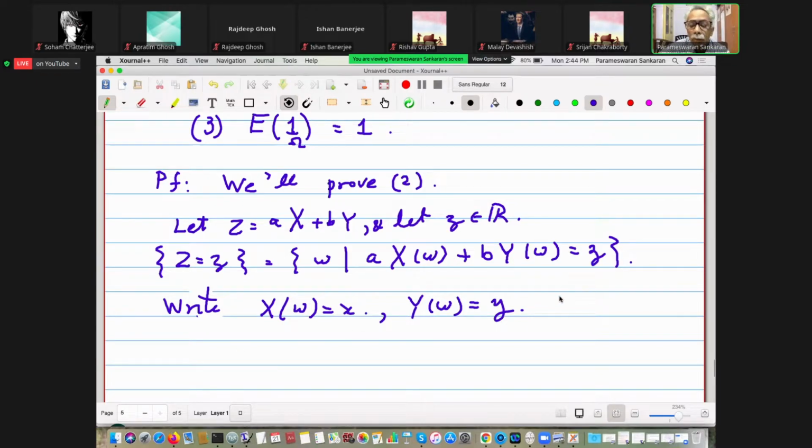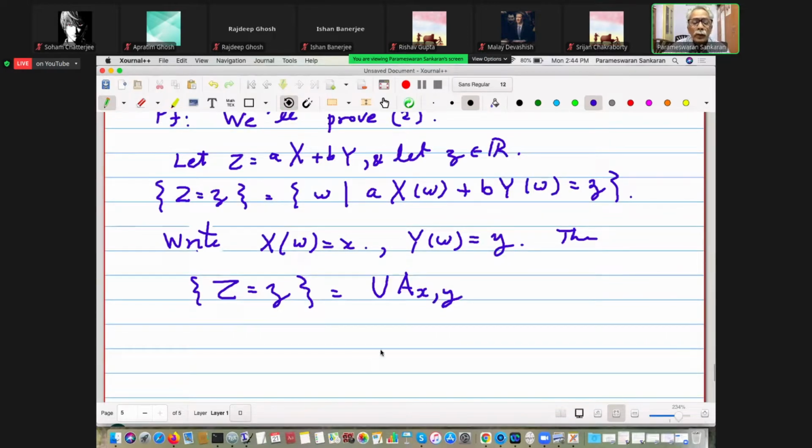Then I continue to write: the set capital Z equal to small z is the union over (x, y), where this ax plus by is on this straight line z.